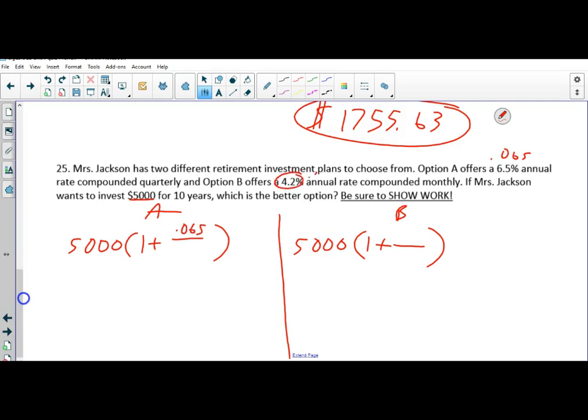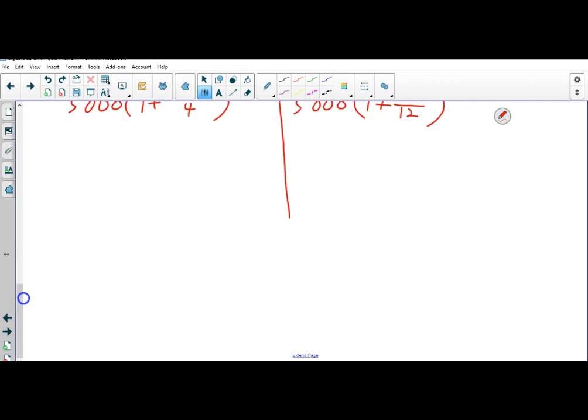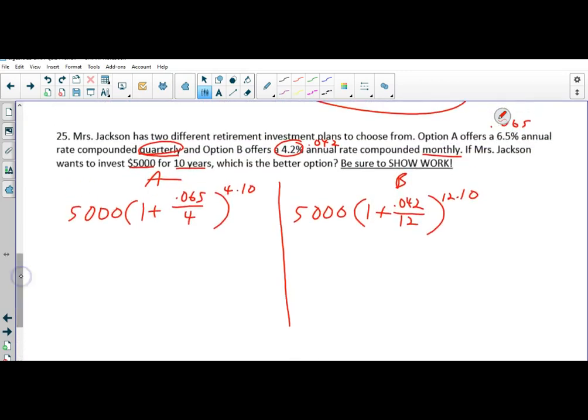Option B is 0.042. Now option A is quarterly, which means we put a 4 here and a 4 here. Option B is monthly, so we put a 12 and a 12. And it's going to be over 10 years, so times 10 times 10. So plan A has a higher interest rate, but not compounded as often. Let's see which is the better plan.